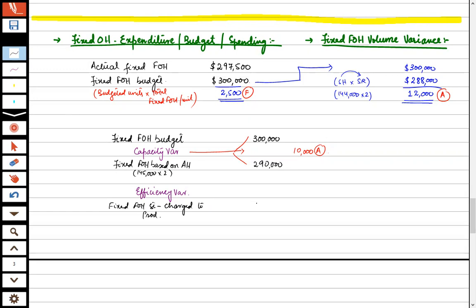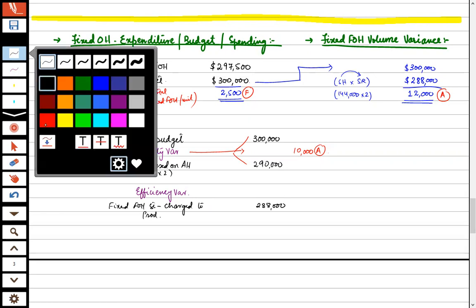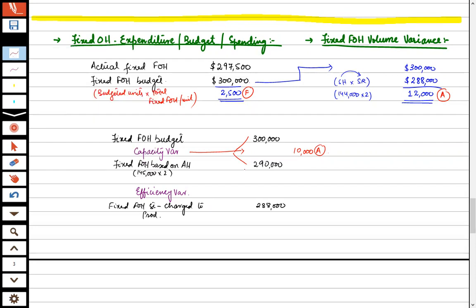That works out to be $288,000, and the difference between this one and this one would be the efficiency variance, and it would be 2,000 adverse.